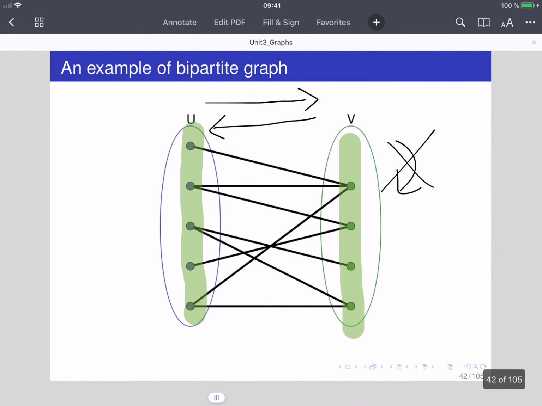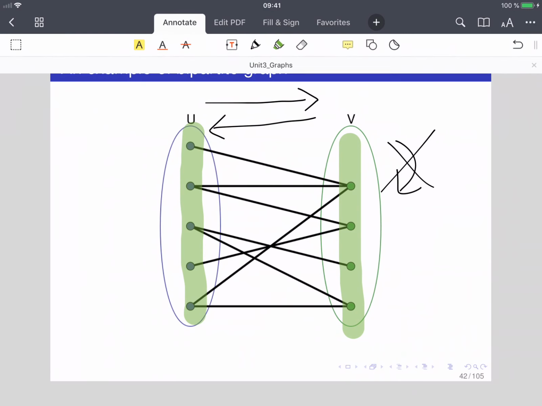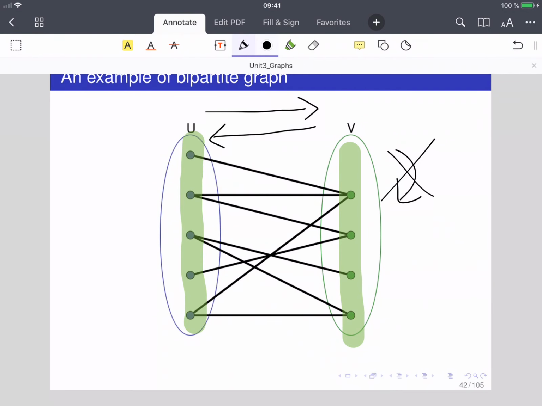Okay, but notice that if we have m vertices, oh sorry, not so easy to write on this program. So m vertices on the u part and n vertices on the v part. Of course, the total is m plus n. Okay, and then the maximum number of edges is m times n.